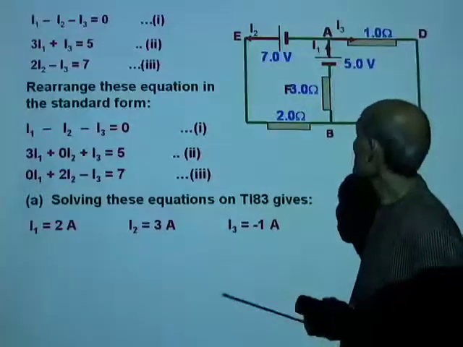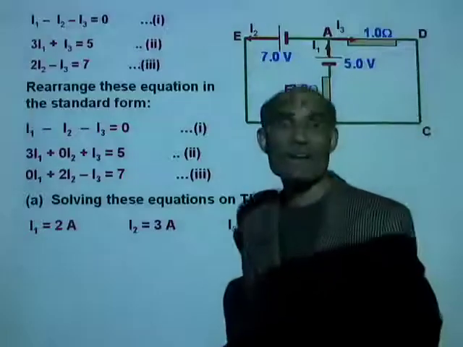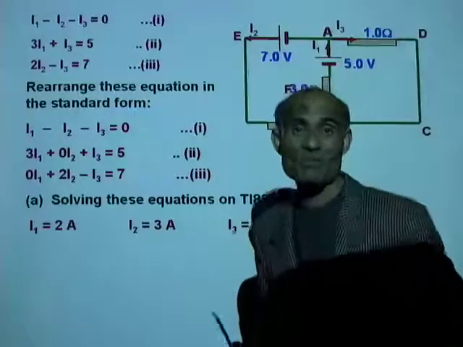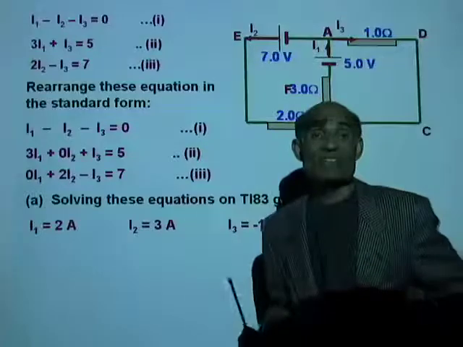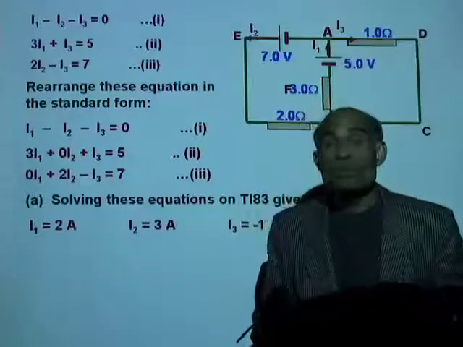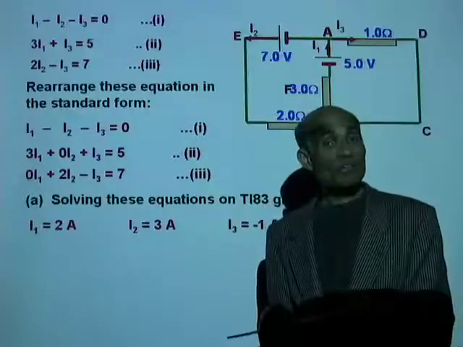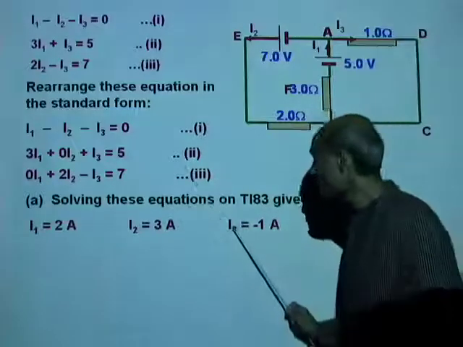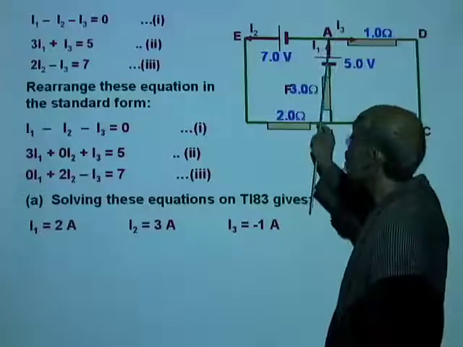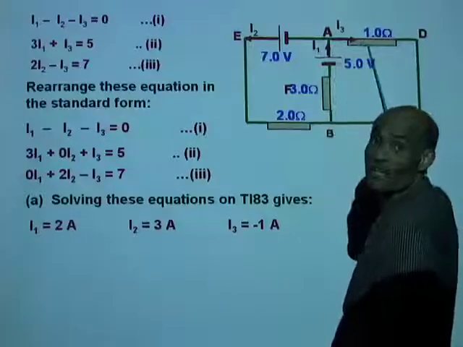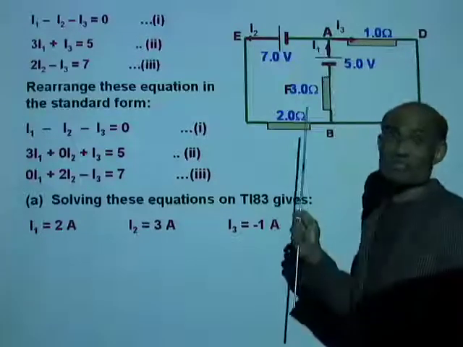And I3 equal to negative 1 ampere. What is the meaning of that? The meaning is that the directions that we chose were not right. Does it make any difference? No. It tells us that the direction of I3 is not this. It has to be in the opposite direction.